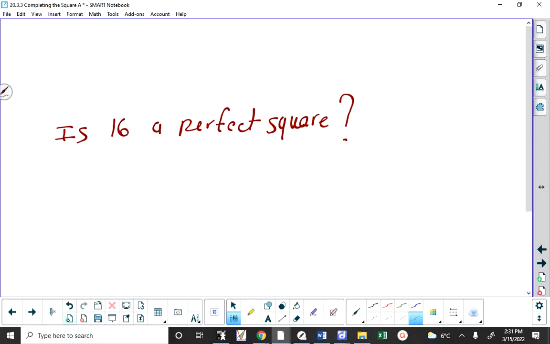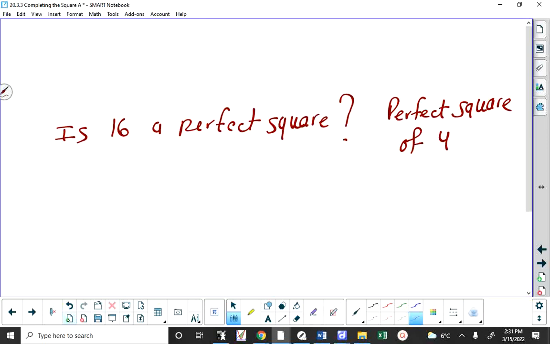What is 16 the perfect square of? That's an important question. It's the perfect square of 4, isn't it? What this means is you square 4 to get 16.